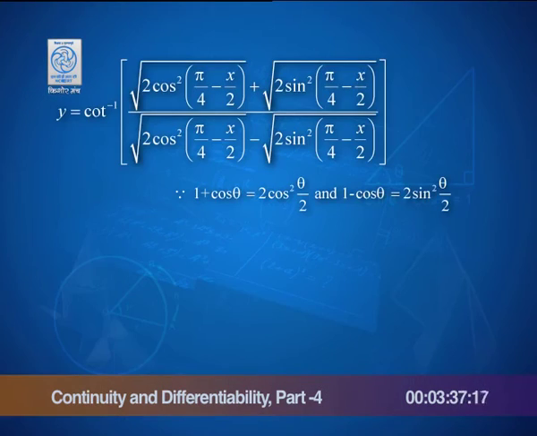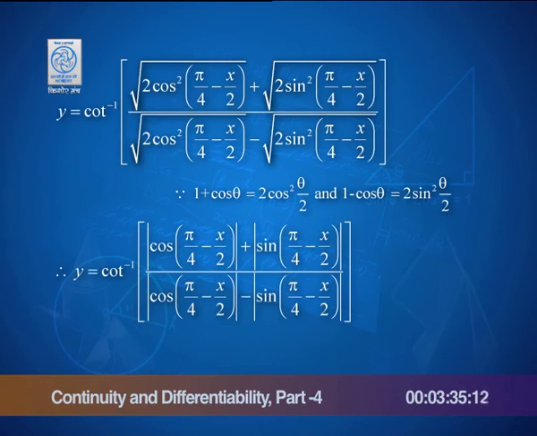What is this going to be same as? This is same as writing cot inverse of absolute value of cos of pi by 4 minus x by 2 plus sin of pi by 4 minus x by 2, and in the denominator the same expression with a negative sign in between. Now, why do we have modulus here?